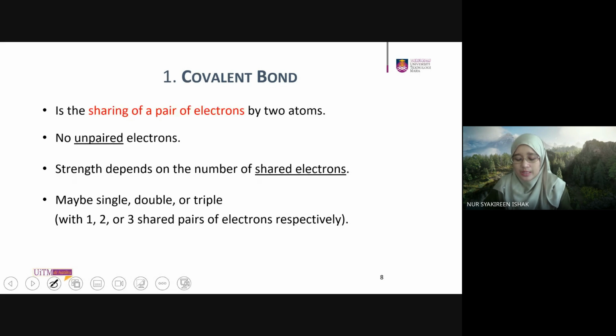In a molecule composed of several atoms, there may be the formation of only one covalent bond between the atoms, or a double covalent bond, or a triple covalent bond. It depends on how many electrons are in the valence shell, right?